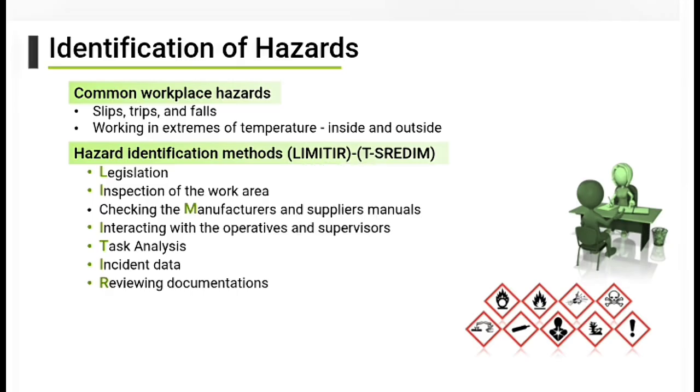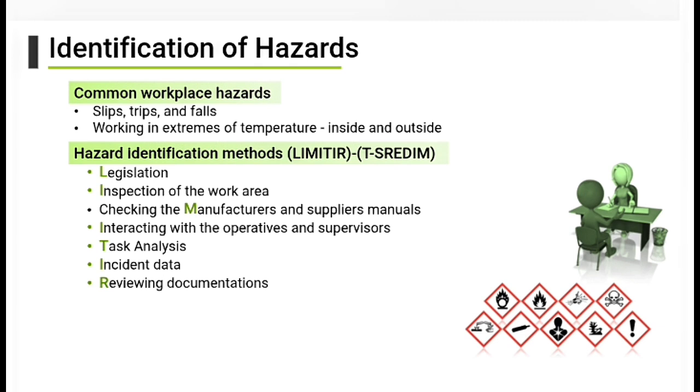The first step in risk assessment is the identification of hazards, which involves recognizing common workplace risks such as slips, trips, and falls, as well as working in extreme temperature conditions, both indoors and outdoors. Various methods can be used to identify these hazards, often summarized by the acronym LIMITIR.